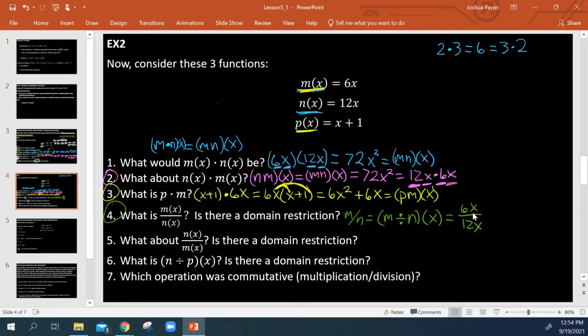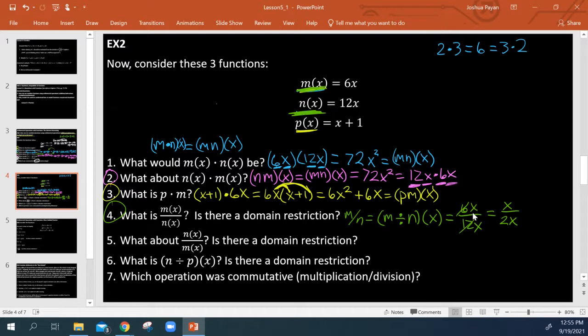So 6x on top, that's m of x over n of x. Now we have to think, well, it's just a fraction, right? So can we reduce? Well, 6 over 12 reduces down to just 1/2, so I'm left with x over 2x. But what about x over x?